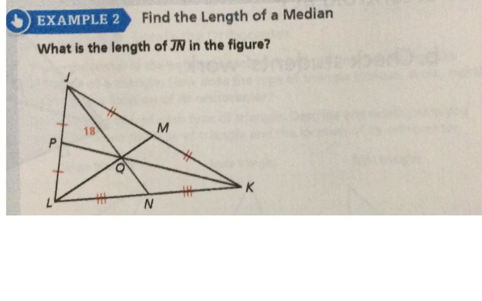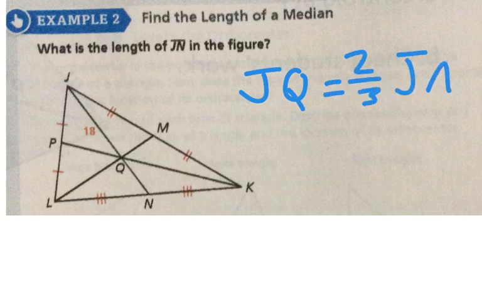Right? So we could say that, here's what we would use. We could say that JQ is equal to 2/3 of JN. Right? JN is the bigger line, sorry. So we know that it has to be cut into a smaller piece, 2/3.